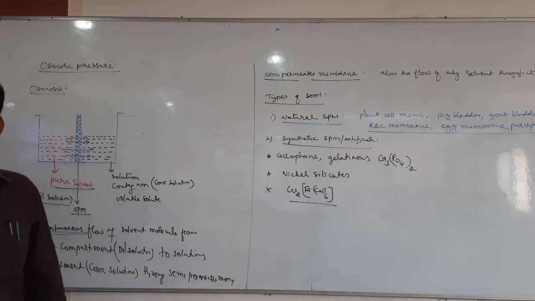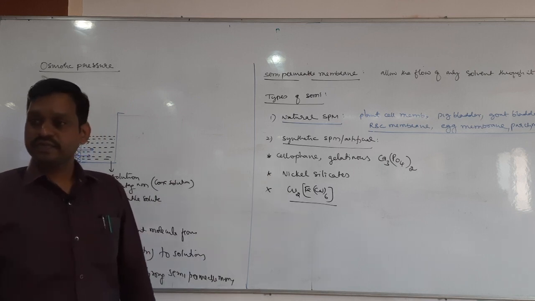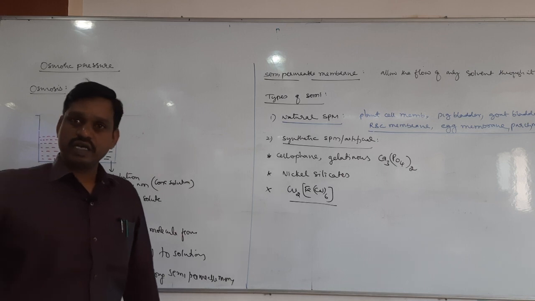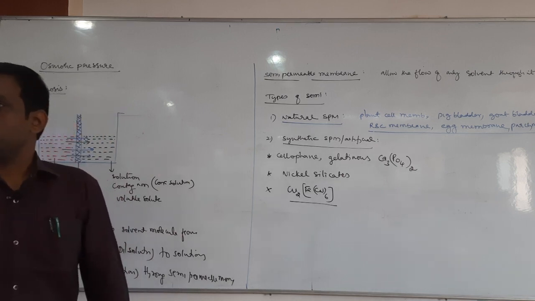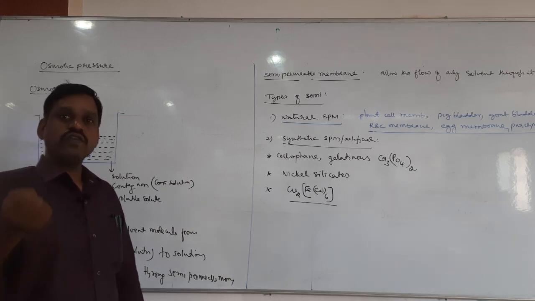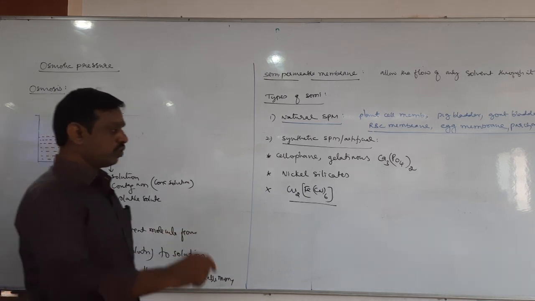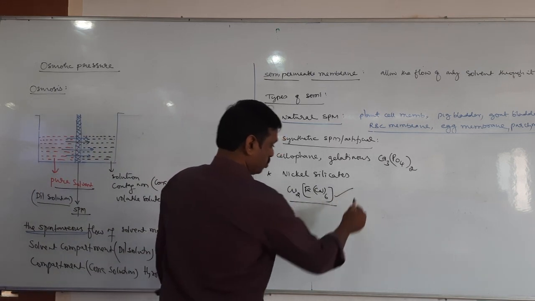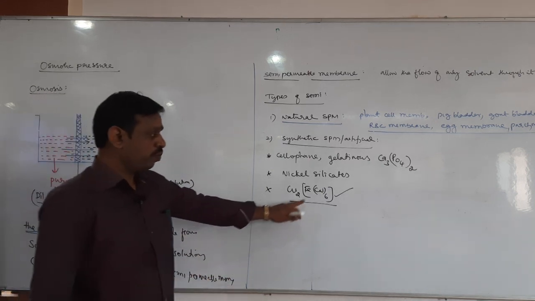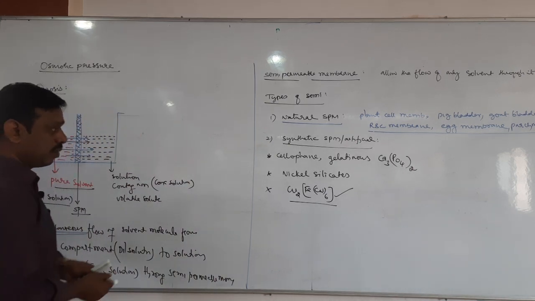Some water filters are highly costly because of the membrane they use. Even when you use water filters 3-4 months, 5-6 months, depending on water, we need to change the membrane. Otherwise, the taste of water changes. Everything depends on the membrane. So commercially this membrane is used: cupric ferrocyanide membrane in water filters. So it is a semi-permeable membrane.